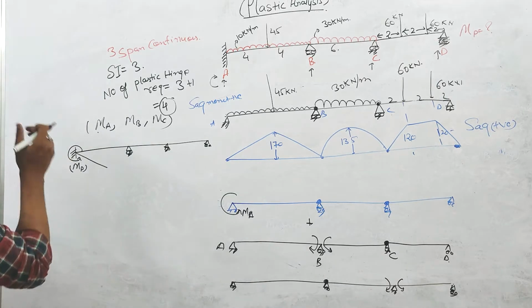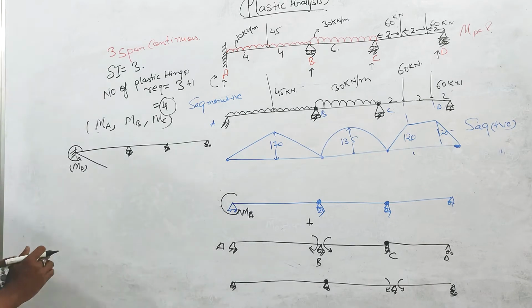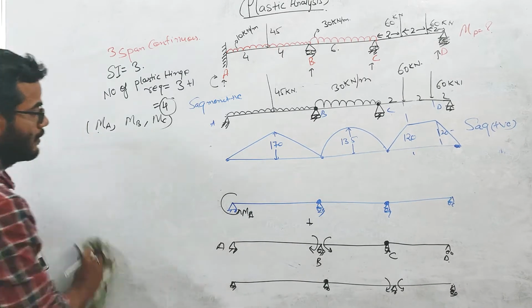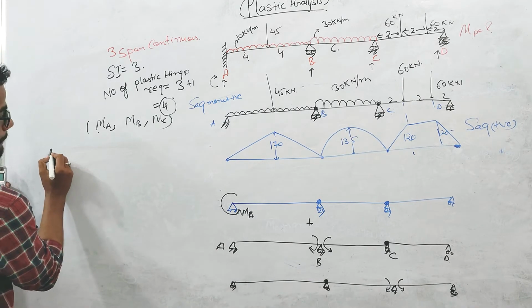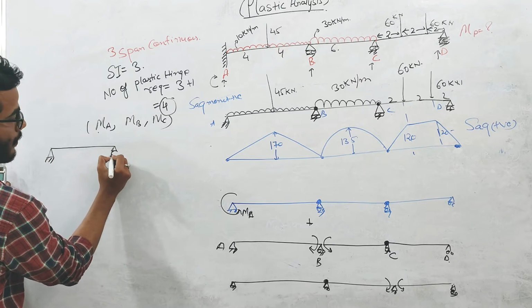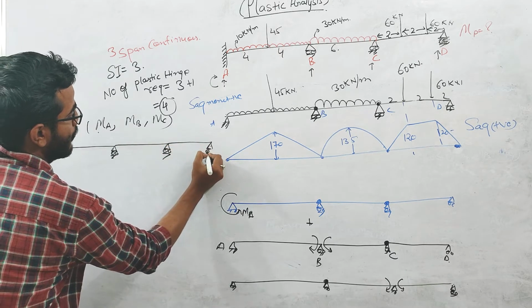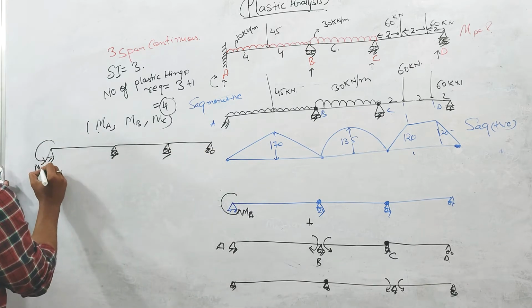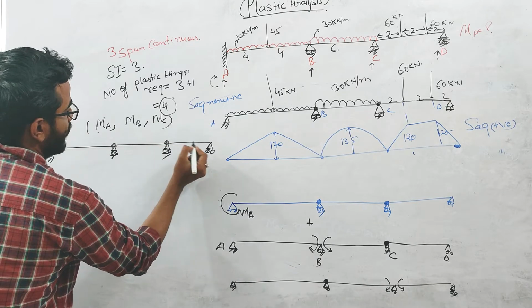Okay, so if you draw the bending moment diagram for this case, let us draw this figure again, and you are applying the MA moment over here. Here there is an internal hinge.